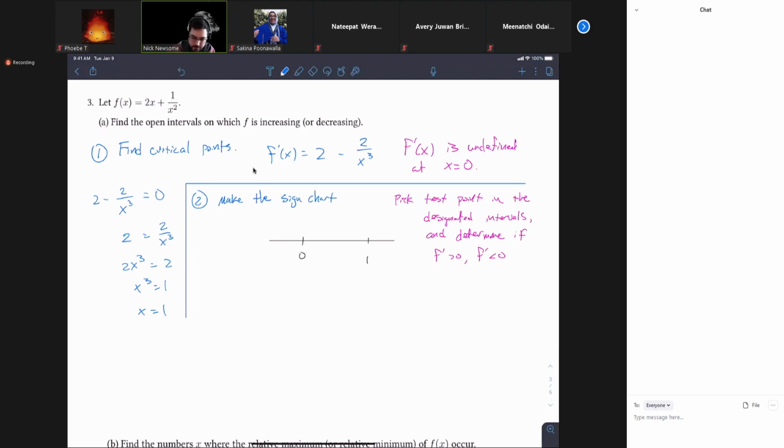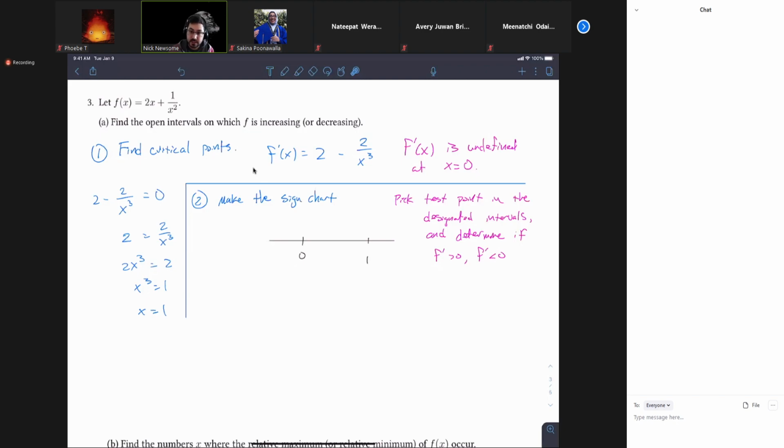All right. So if we choose something over here to the left of 0, meaning we're choosing something negative, and I plug something negative into this derivative, the number I get out of there, is that going to be something positive or negative?